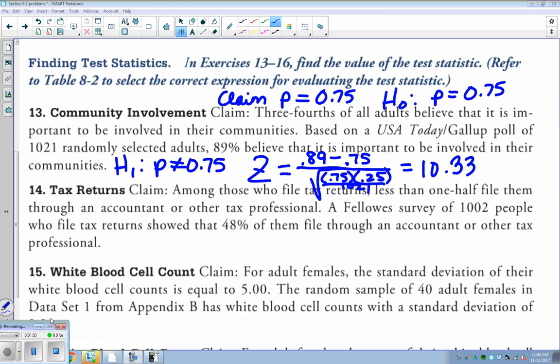What is one half? Is one half a mean or is one half a proportion? It's a proportion. Good. So my claim is that the proportion is what? Less than one half. And I can write in one half or I can put 0.5. Same difference, right?